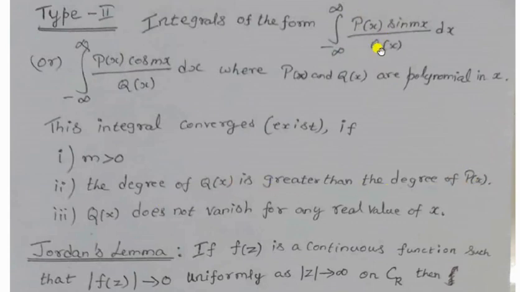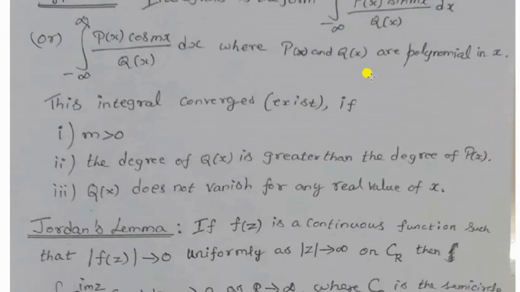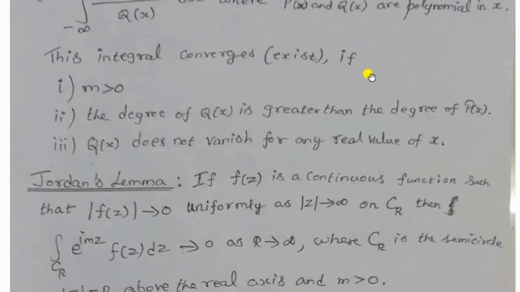The degree of the denominator should be greater than p of x. It is not like 2 more and all here, just the degree of the denominator should be greater, and it should not vanish, it should not be 0. So this is the condition for this integration. Now we are going to see the next lemma called Jordan's lemma, which we will be applying to get the value for that integration.